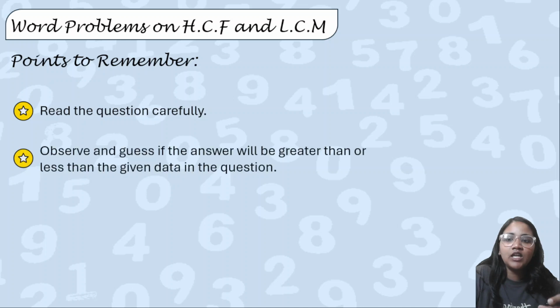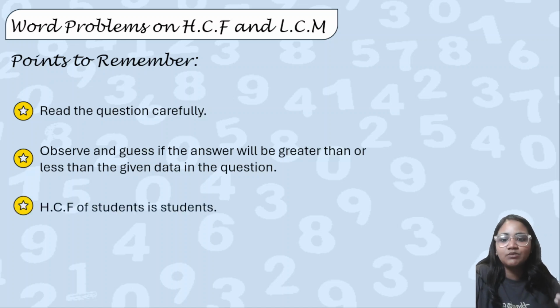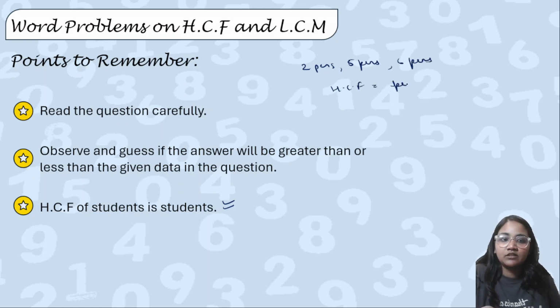Okay, then we have to observe and guess if the answer will be greater than or lower than the given data in the question. You need to observe and analyze what the answer will be. Will the answer be less than the data given in the question or more than? And the HCF of students is students. This means that whatever we are calculating, if we are calculating the HCF of 2 pens, 5 pens and 6 pens, then the HCF will also be pens, right?